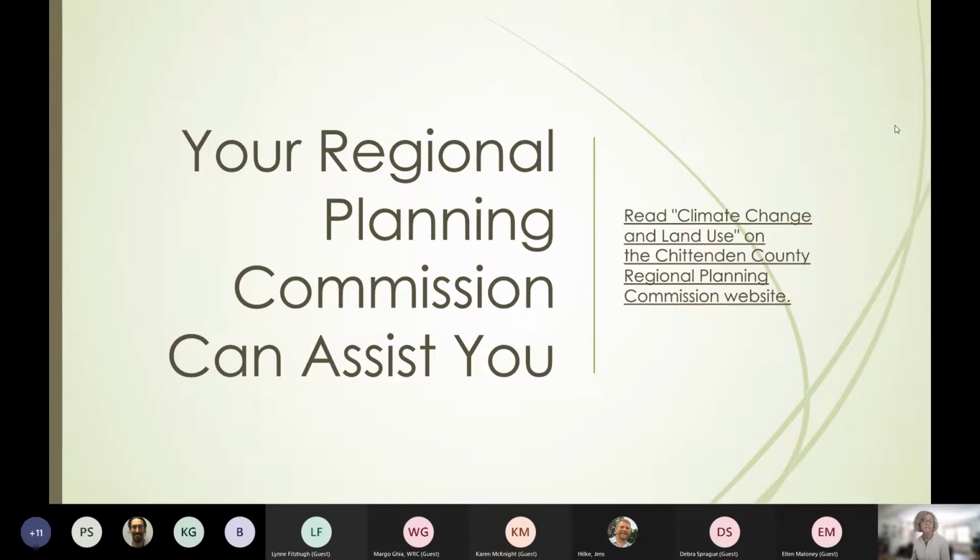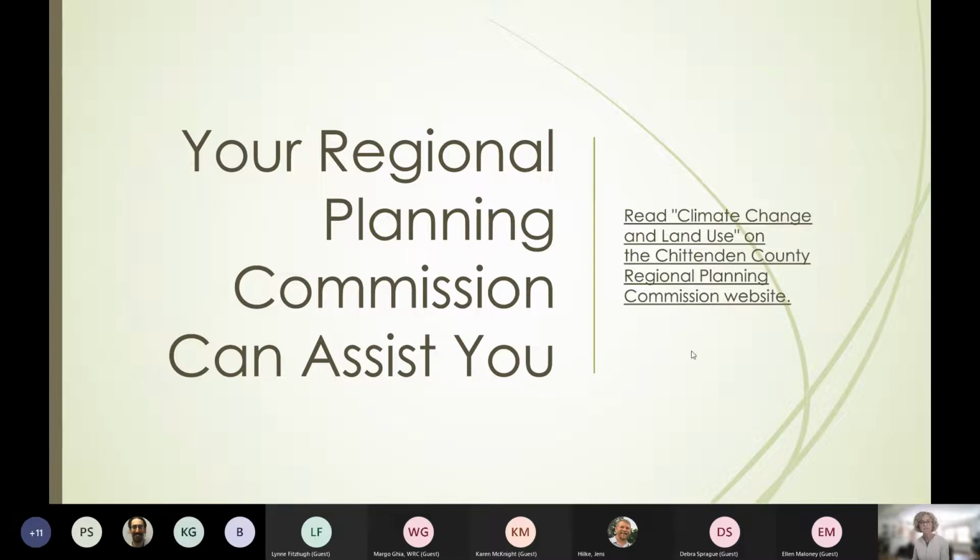So if you're a municipality that doesn't have a lot of resources around either developing or changing your land use regulations, your regional planning commission can assist you. The document I've been referring to that we developed is called Climate Change and Land Use, and it is on the Chittenden County Regional Planning Commission website.